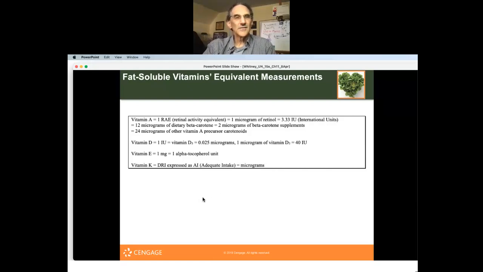Vitamin E has a fairly high requirement, and it's in milligram quantities. We also talk about it in alpha tocopherol units. Alpha tocopherol is the active form of vitamin E. And vitamin K is also in micrograms, and also expressed as adequate intake. It's around 70 micrograms, so a fairly small amount, but absolutely very important.